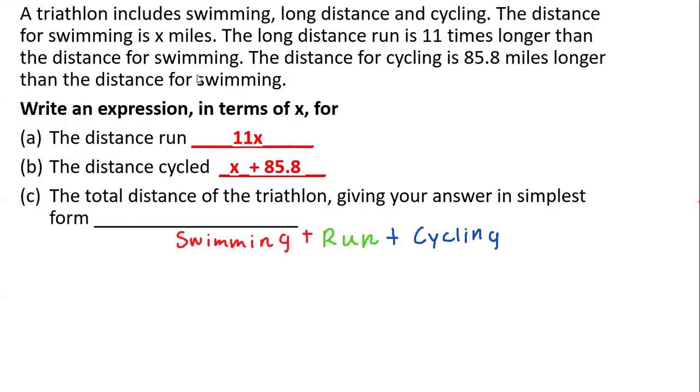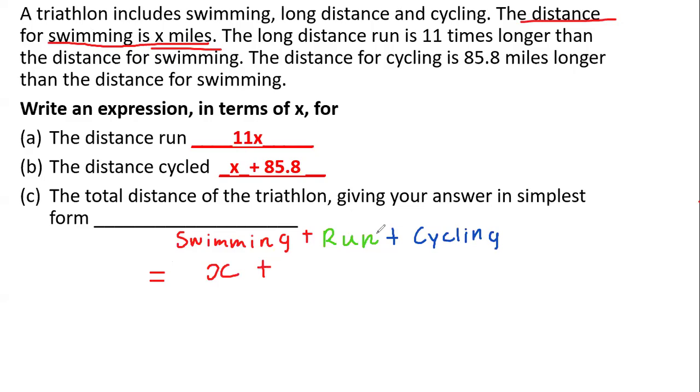So what is the expression for the swimming? They say the distance for swimming is what? X miles. So it's going to just be x for swimming. So that's going to be x plus. Now we want the run.